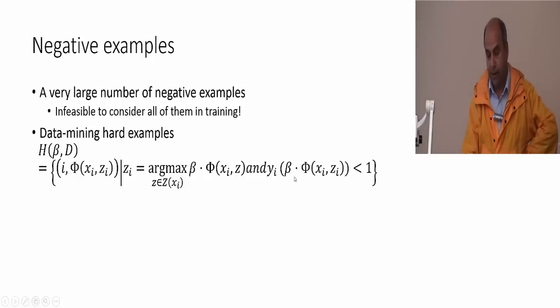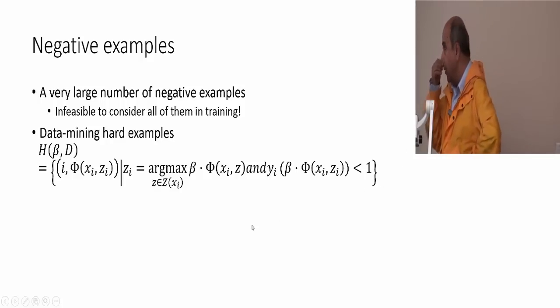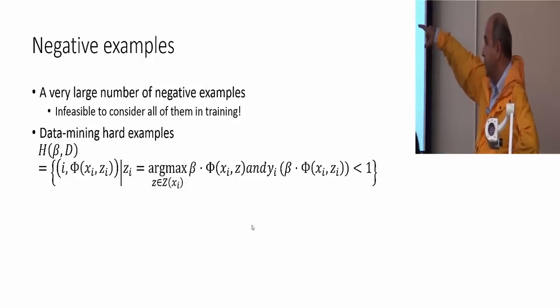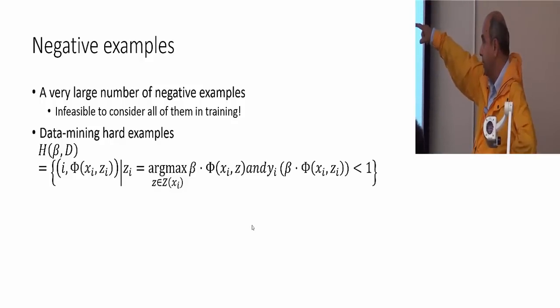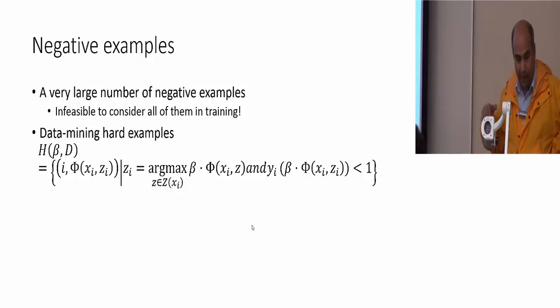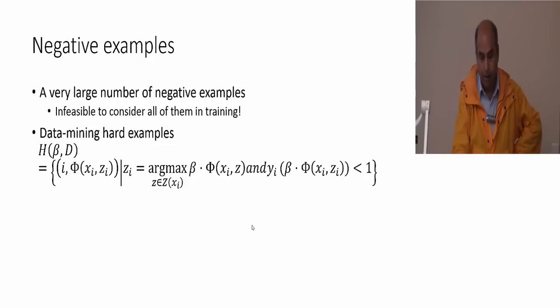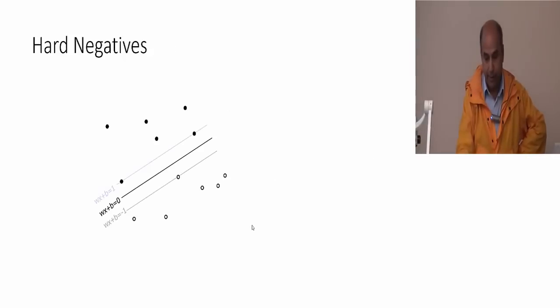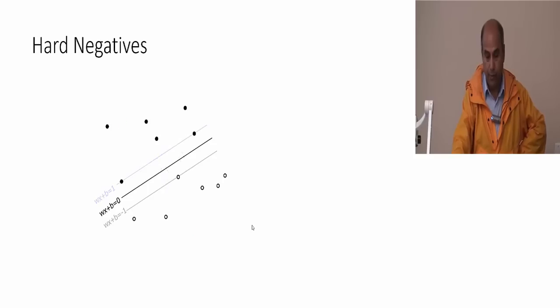So these are the hard negatives, and there can be many of them. We'll find the ones for which the response is maximum, because this is our response, the beta multiplied by your HOG. And we'll collect those hard negatives and use those to improve our classifier. So a couple more things, then we'll stop.